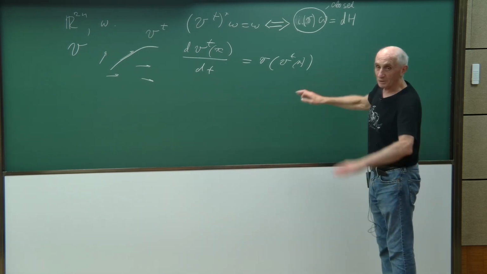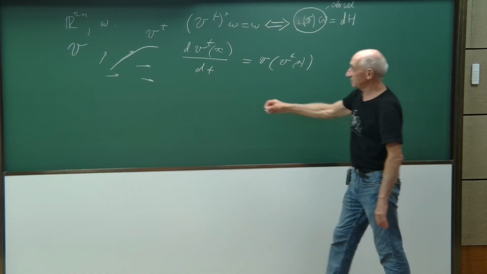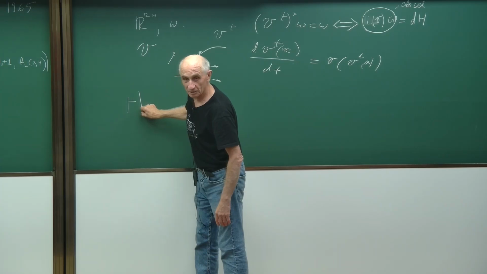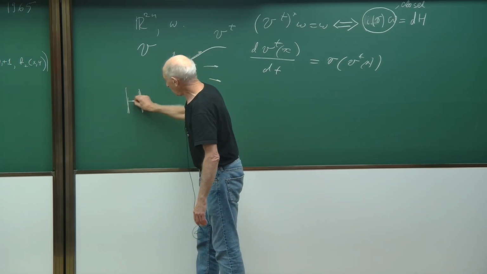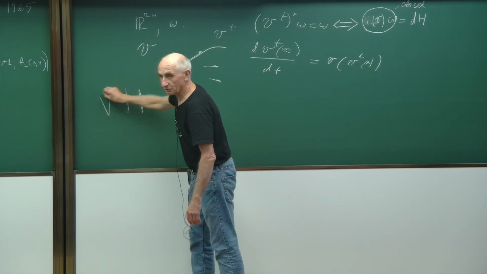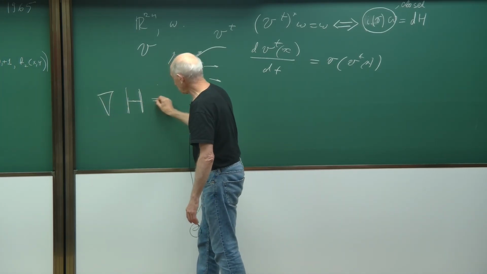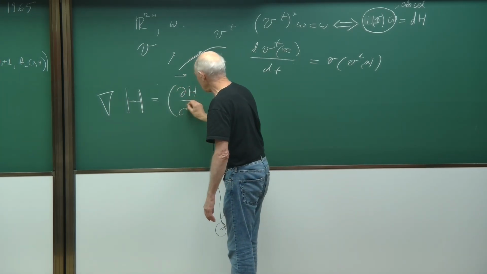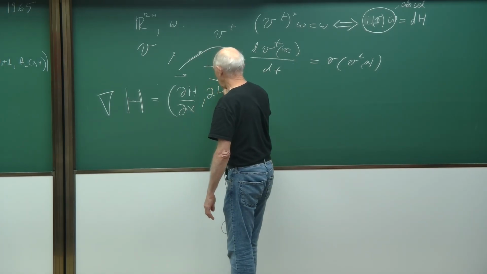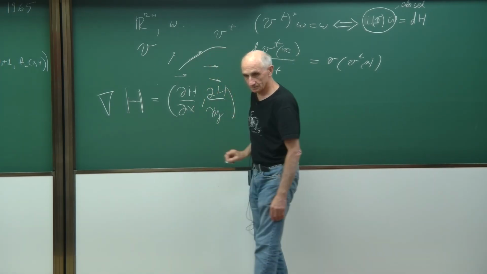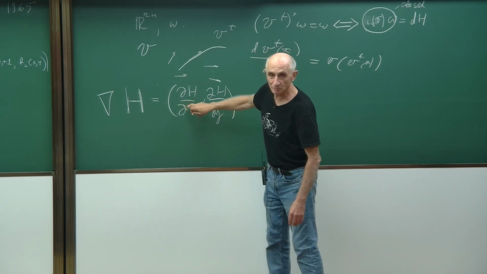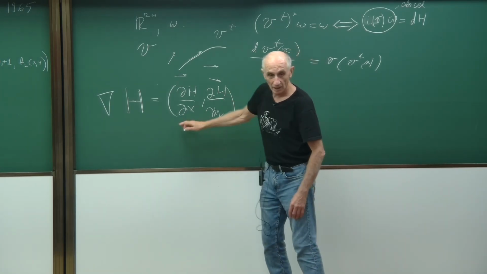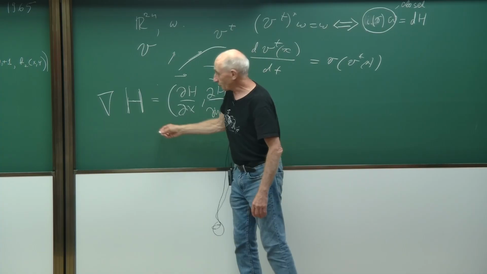So maybe you can even ignore this, but just say the following thing. What is a Hamiltonian vector field? You take a function, and now you take the gradient of this function. In the notation which I will use, the gradient is dh over dx and dh over dy. If you have more coordinates, that means dh over dx1, dh over dx2, dh over dy1, dy2. And then remember what our form was.